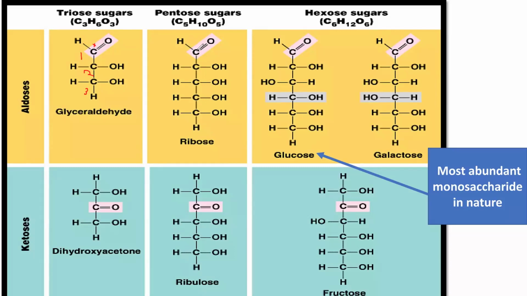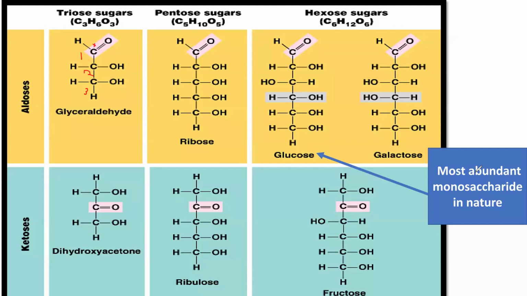That tells you it is also an aldehyde functional group. Then also for glucose, look at it, the carbonyl carbon also has a free hydrogen. So that tells you that glucose is also another example of a sugar with an aldehyde functional group. And this glucose is the most abundant monosaccharide in nature.